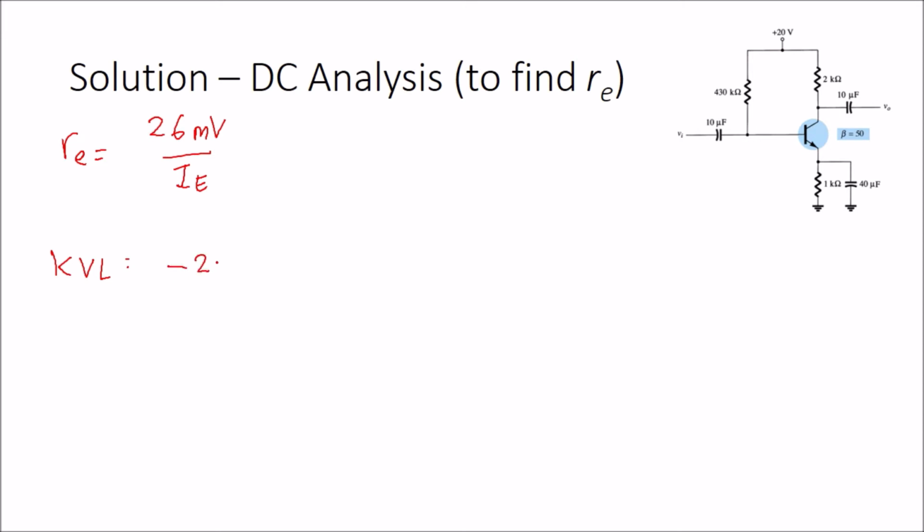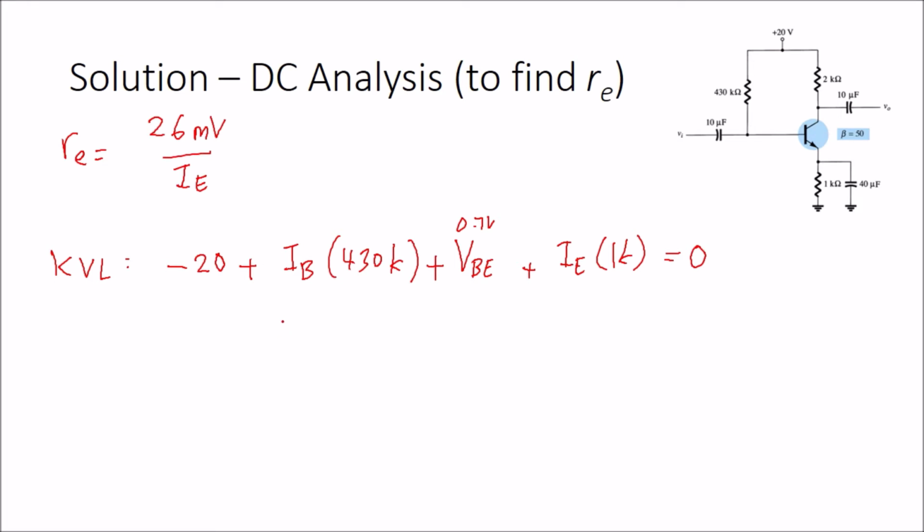VCC is equal to 20, and then we have the voltage drop at the RB represented by IB times the RB, which is 430 kilo ohms, and then the voltage drop at the transistor represented as VBE, the value is 0.7, and then the voltage drop at the RE represented as IE times 1K, equal to 0.